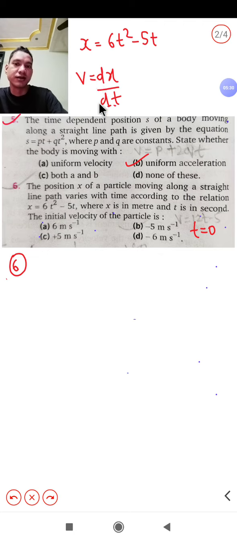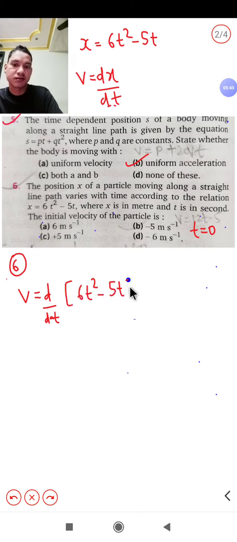Alright, so let's find out the expression for velocity first. Let me differentiate this equation with respect to time because it's a function of time. So 6 is constant.